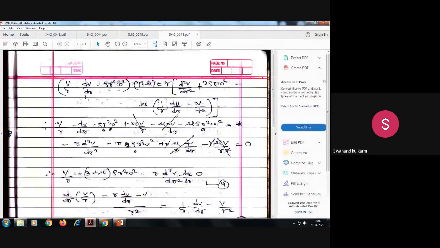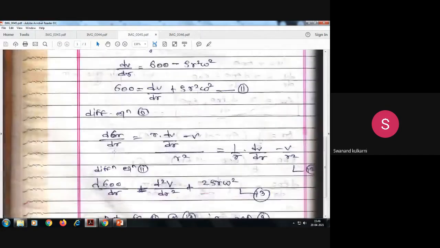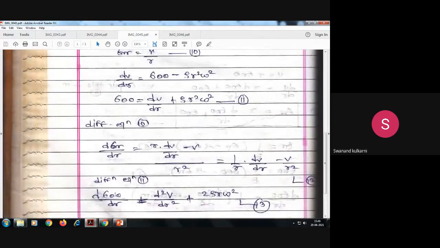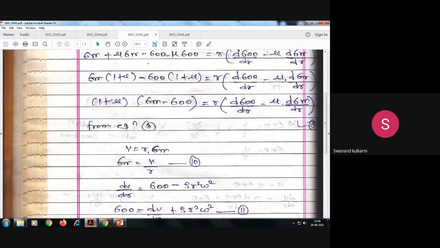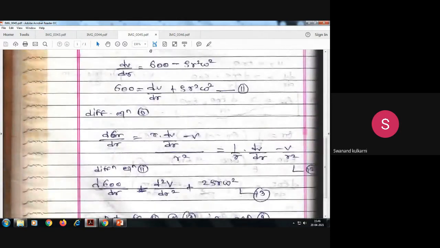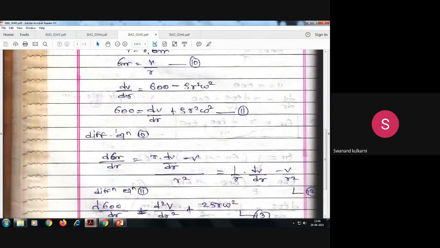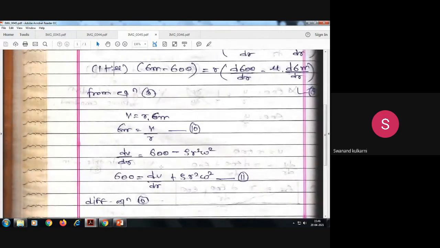We will get V upon r. You see here d sigma theta theta upon dr. For that, here 1 plus mu into sigma rr minus sigma theta theta. What is sigma rr? Sigma rr is given here as V upon r. What is sigma theta theta? Sigma theta theta is dV upon dr plus rho r square omega square.